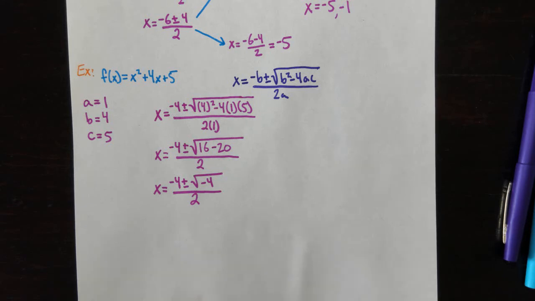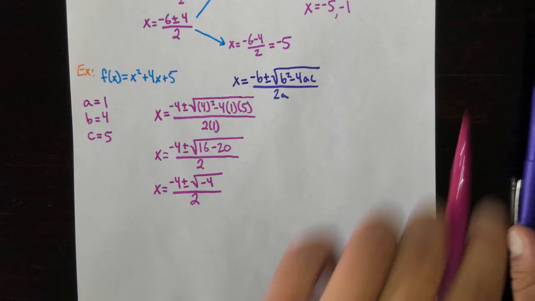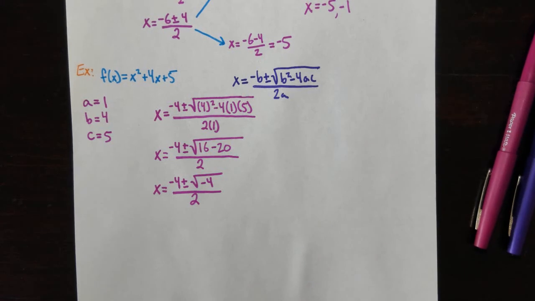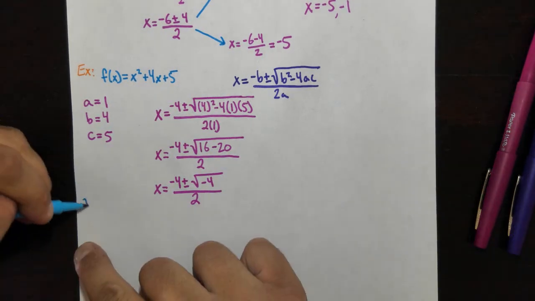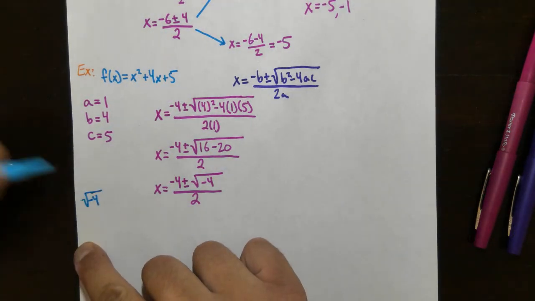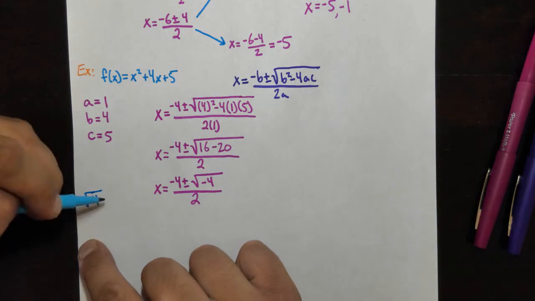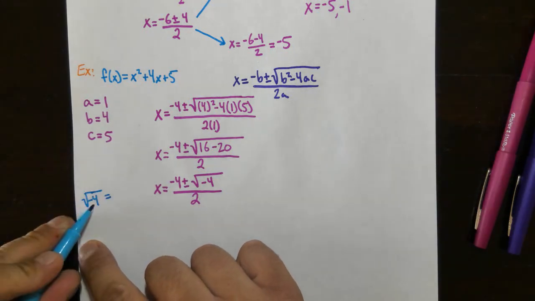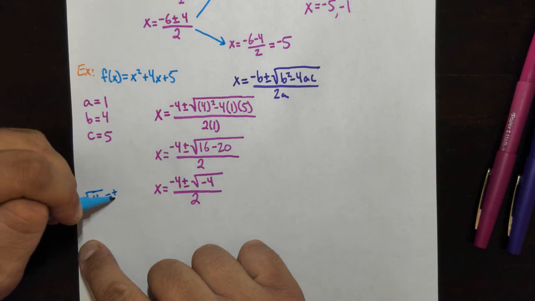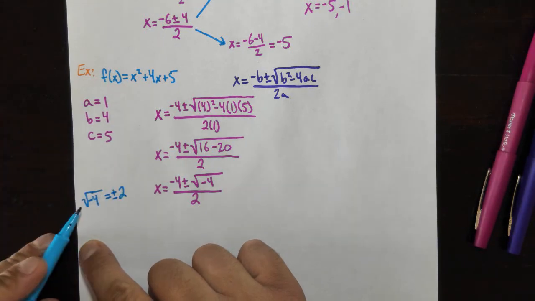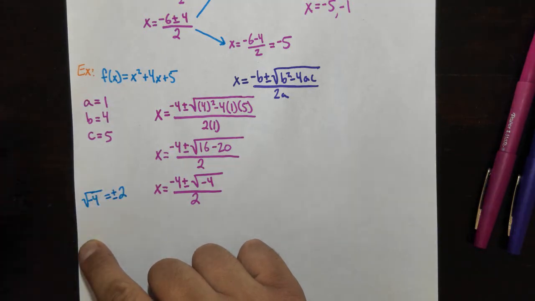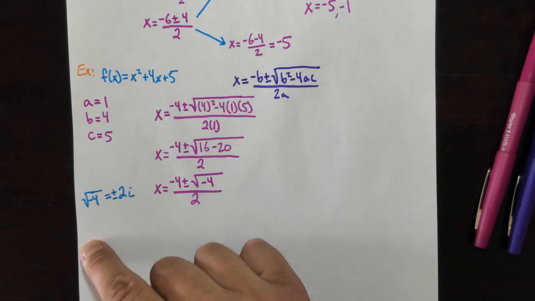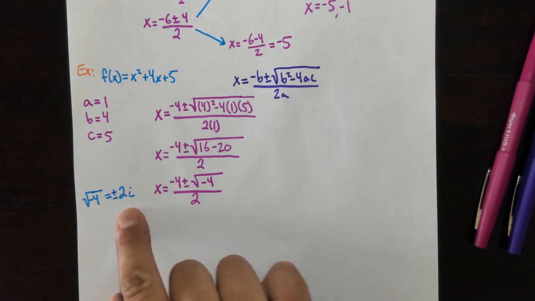And in this case, we have a negative under the square root. So let's recall how we take the square roots of negatives. If we have the square root of -4, what we'd like to do is think about, okay, what is the square root of the positive? And that's plus or minus 2. But because it's negative, it's going to be plus or minus 2i. Okay? So the square root of -4 is plus or minus 2i.